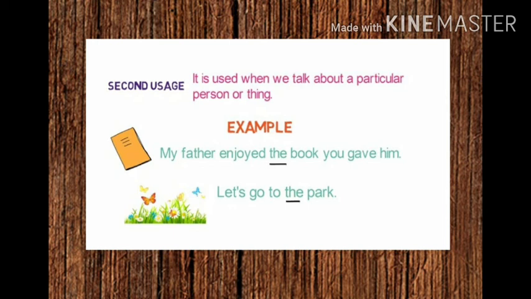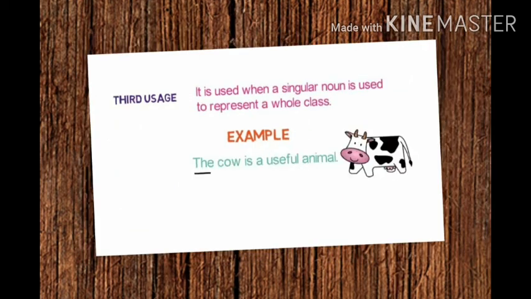The second usage is it is used when we talk about a particular person or thing. For example, my father enjoyed the book you gave him. Let's go to the park. So here both the examples are referring to something in particular.